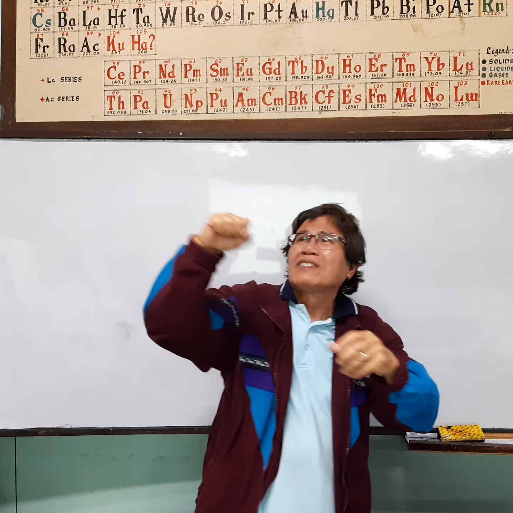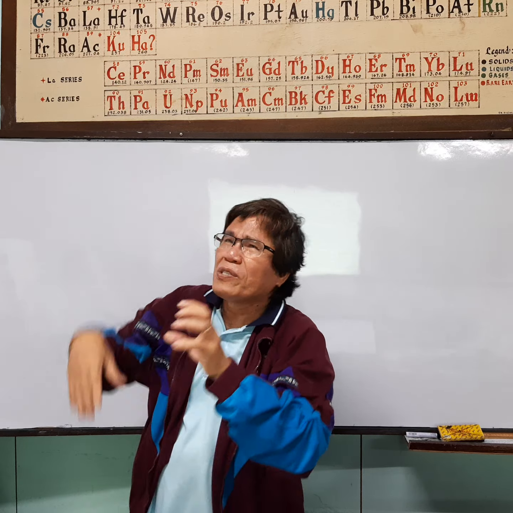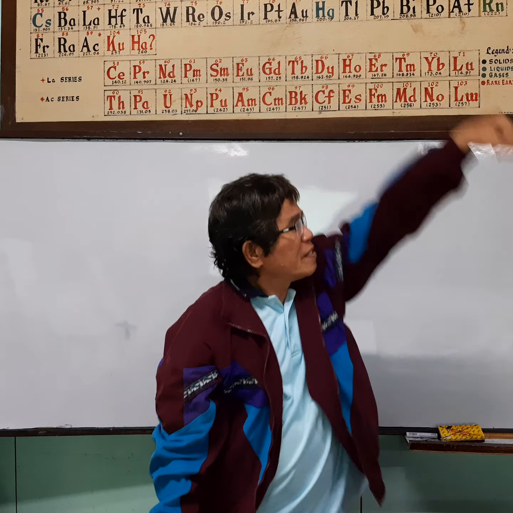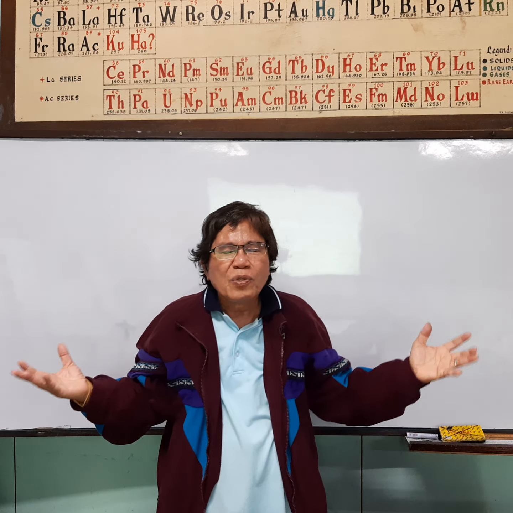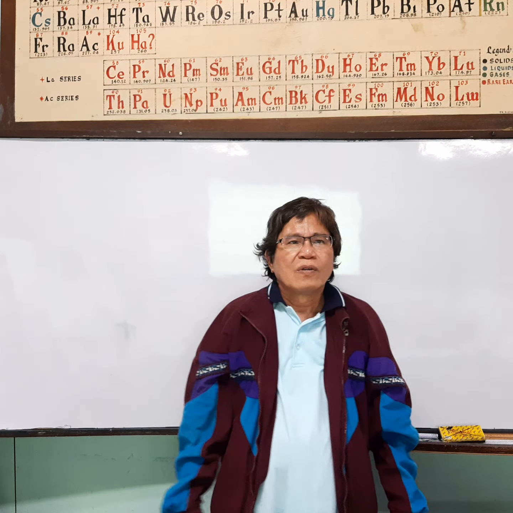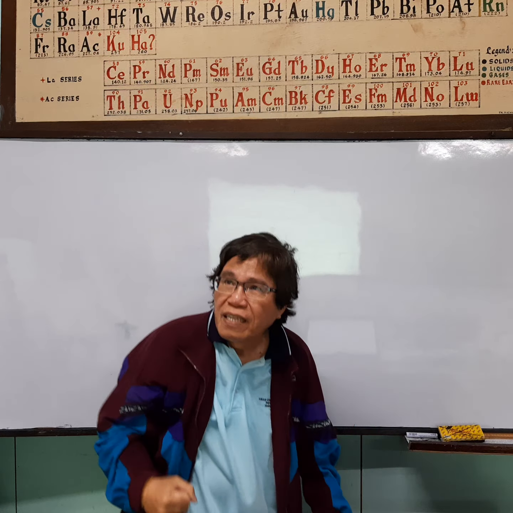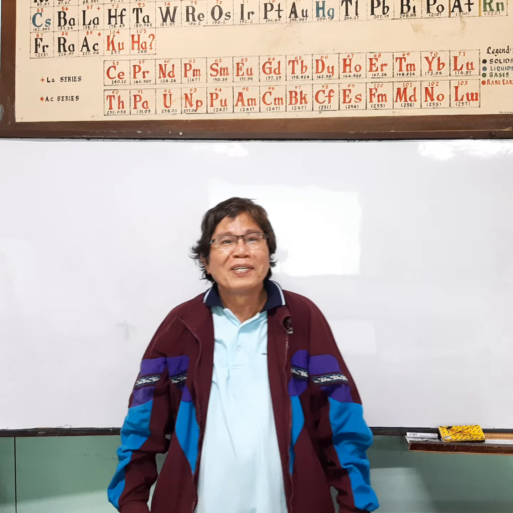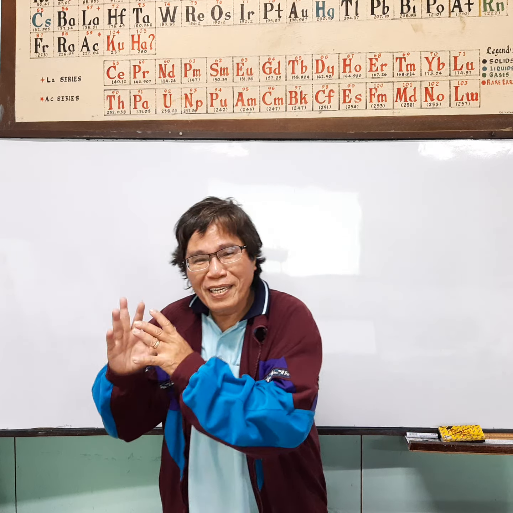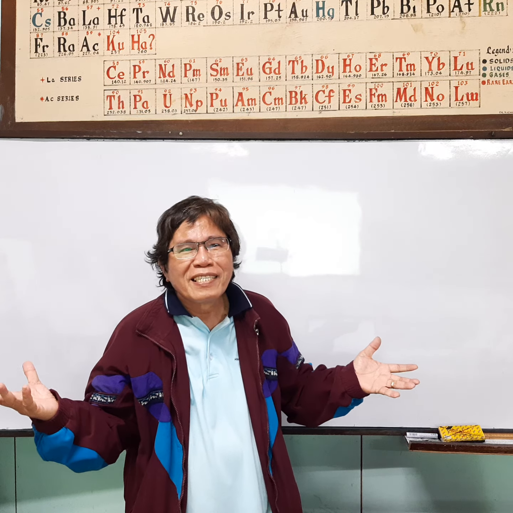I will get this asteroid, put that inside the laboratory. I'm going to get one asteroid, bring that to the laboratory and do the experiment. Or get one comet there, put that in the laboratory and conduct the experiment. Astronomers cannot do that.